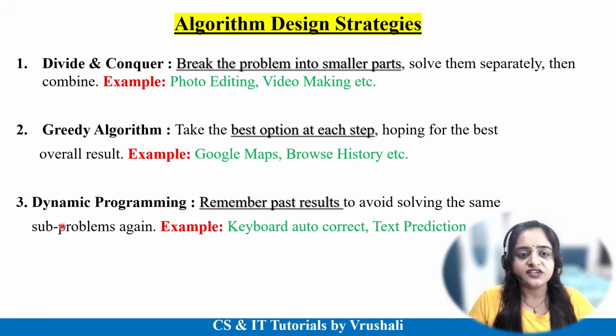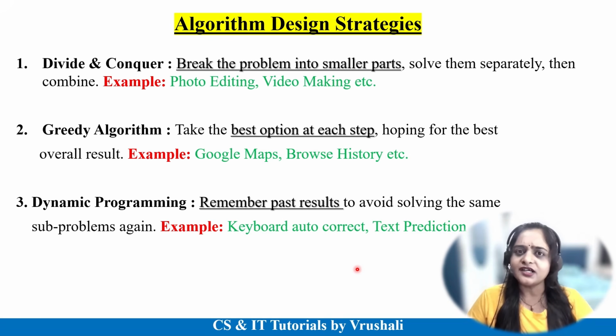The next design strategy is called dynamic programming. The dynamic programming strategy stores your previous results and uses them for future purposes. Let's understand with an example like keyboard autocorrect. When you type something on your mobile, suppose you are giving your Gmail ID to a person, the keyboard automatically suggests it, right?